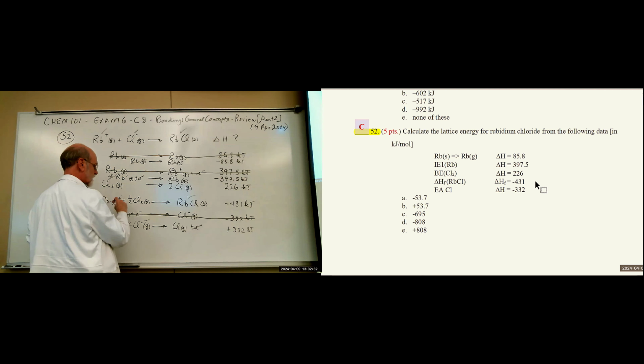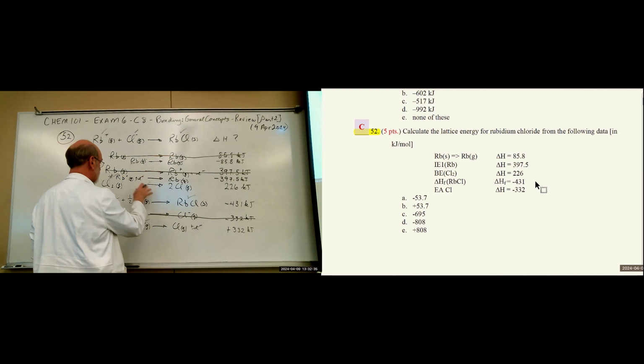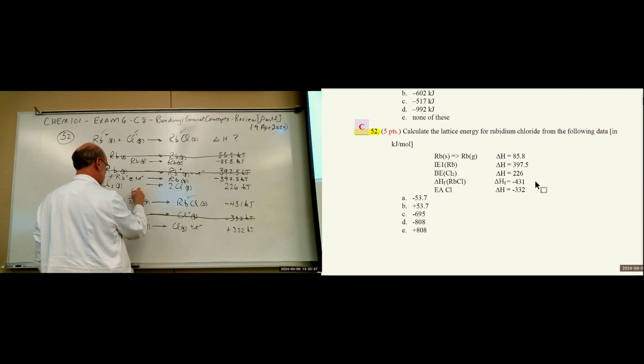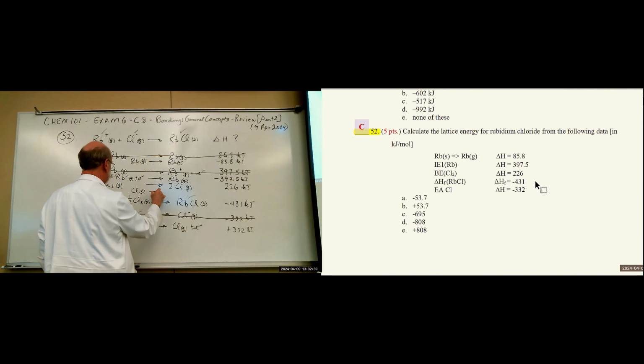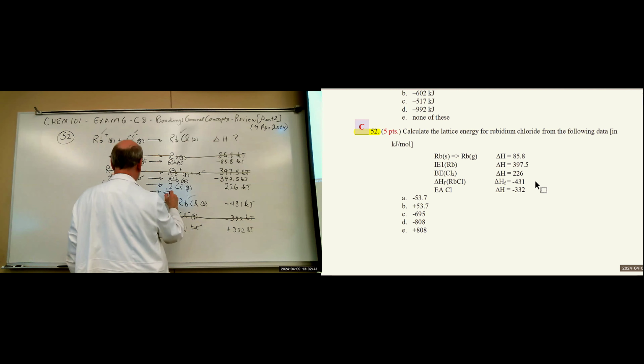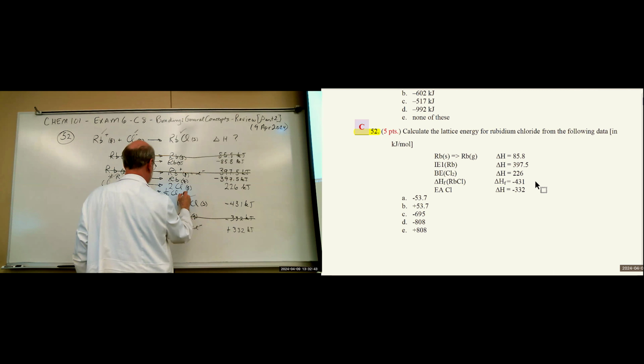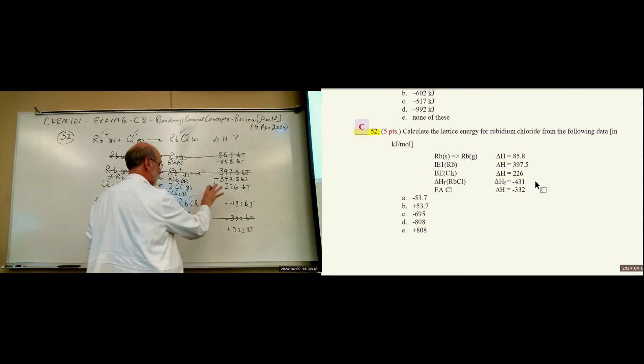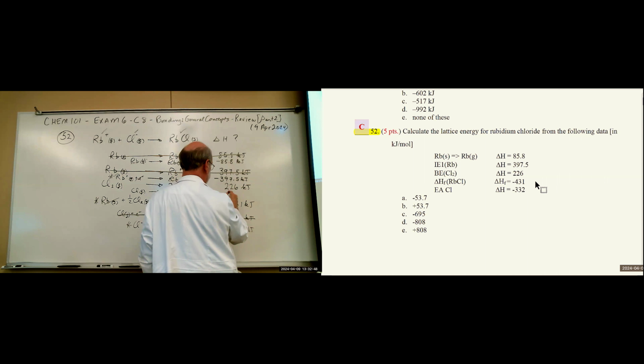Yeah, we only need one. Reverse it and take half. So take half of this, which would be one chlorine on this side, yields a half of a chlorine molecule on this side, and then we reverse that and take half of it.